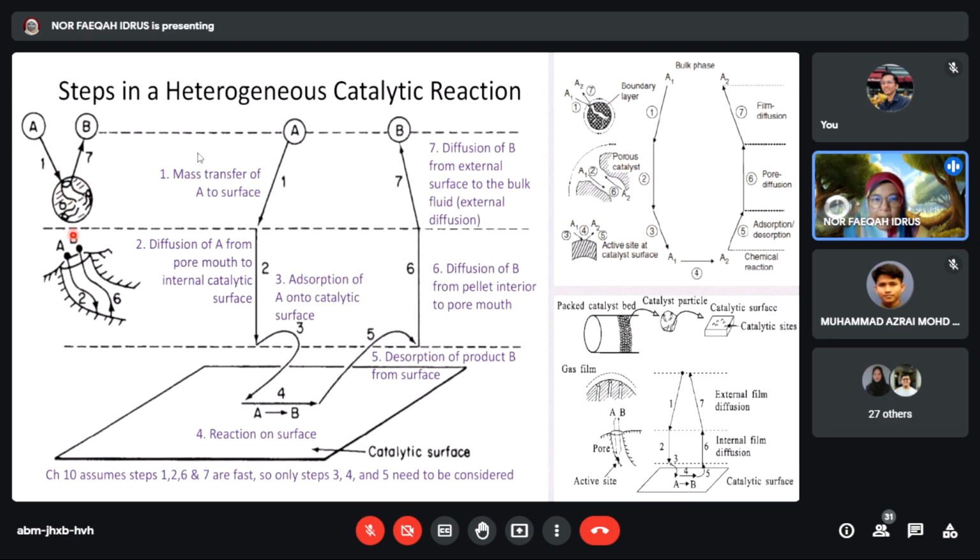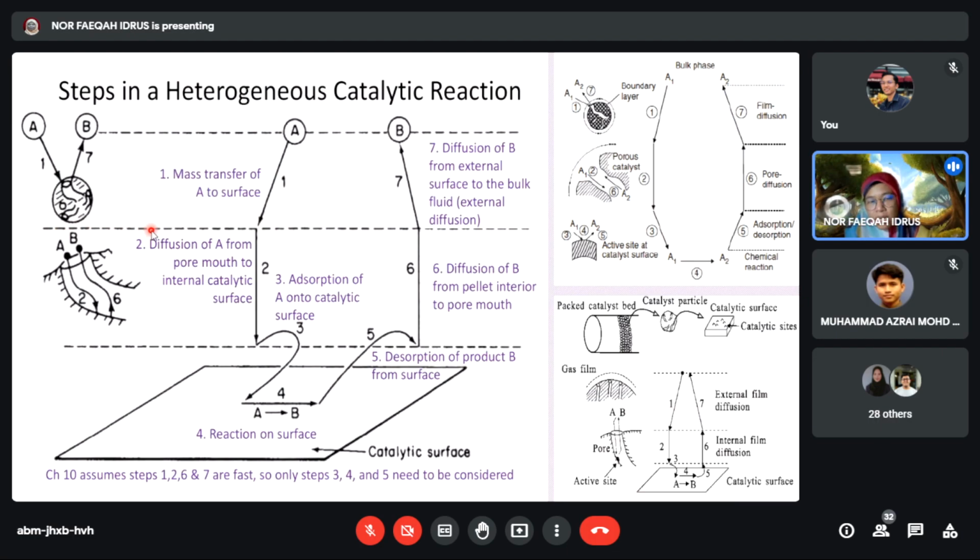So what is the first step? First we look at the phase of the fluid. At the outside, or the external side of the catalyst, we call it the bulk fluid phase. From this point until here, this is the bulk fluid phase. Step 1 occurs at the bulk phase. Starting from this area, this is your external surface of the catalyst, the linear dotted line, number 2.